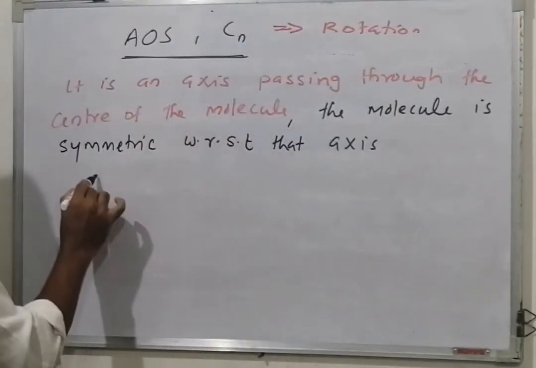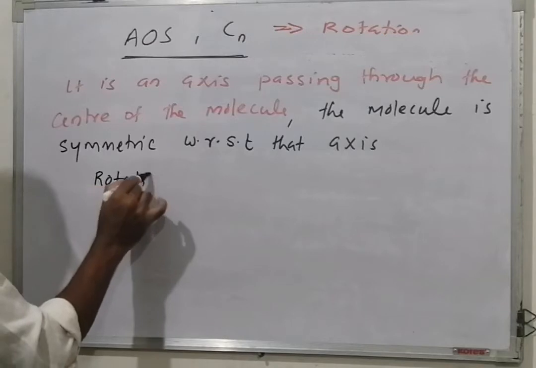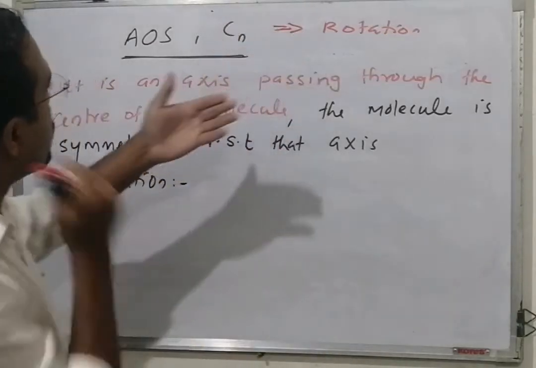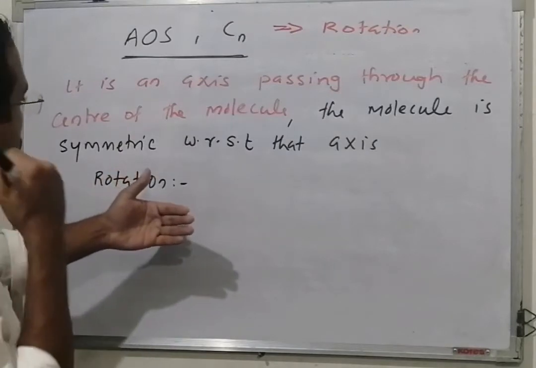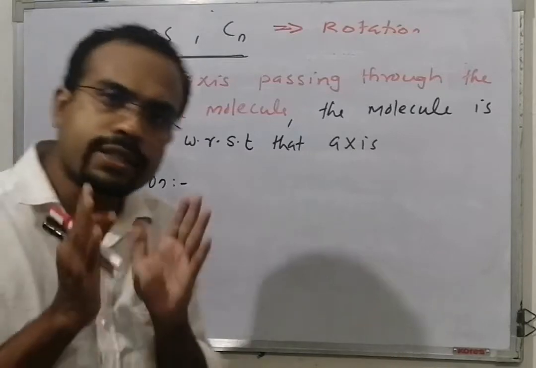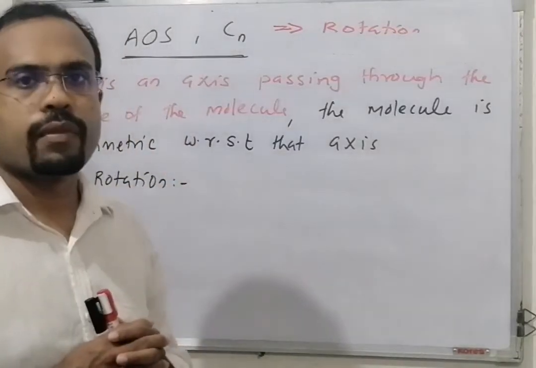What is rotation? Rotation is the symmetry operation carried out with respect to the axis of symmetry. Rotation is a symmetry operation.